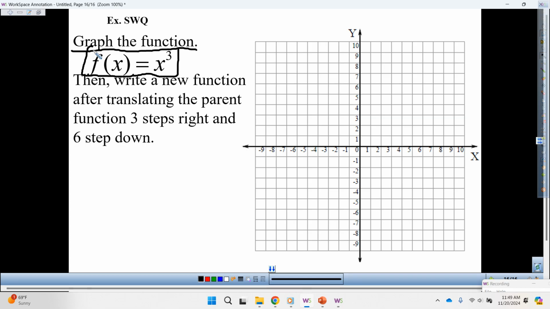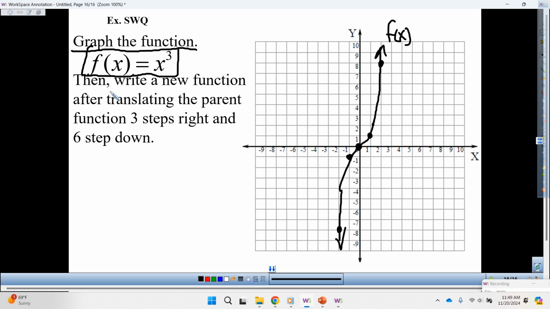All right, looks like Joseph's got it, but let's go with Geo. -2, -8. -1, -1. 0, 0. 1, 1. 2, 8. Okay, so that is our f of x.